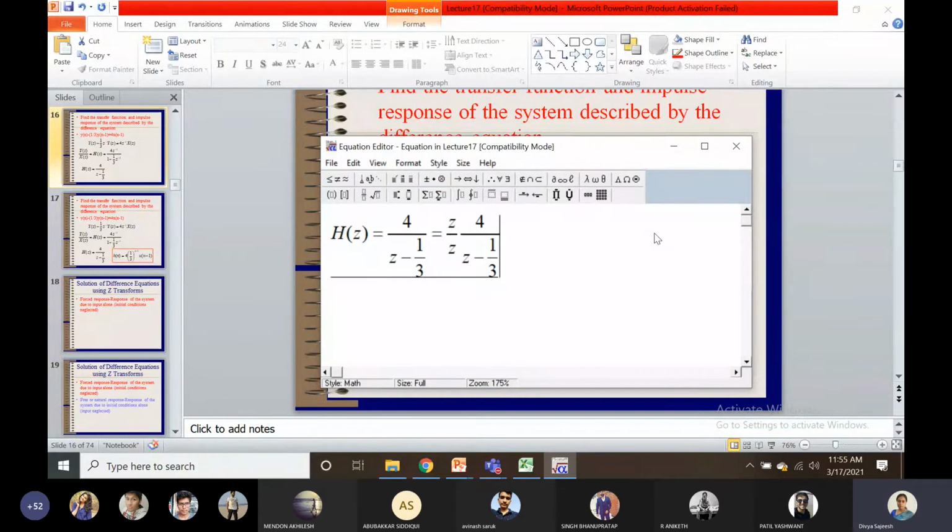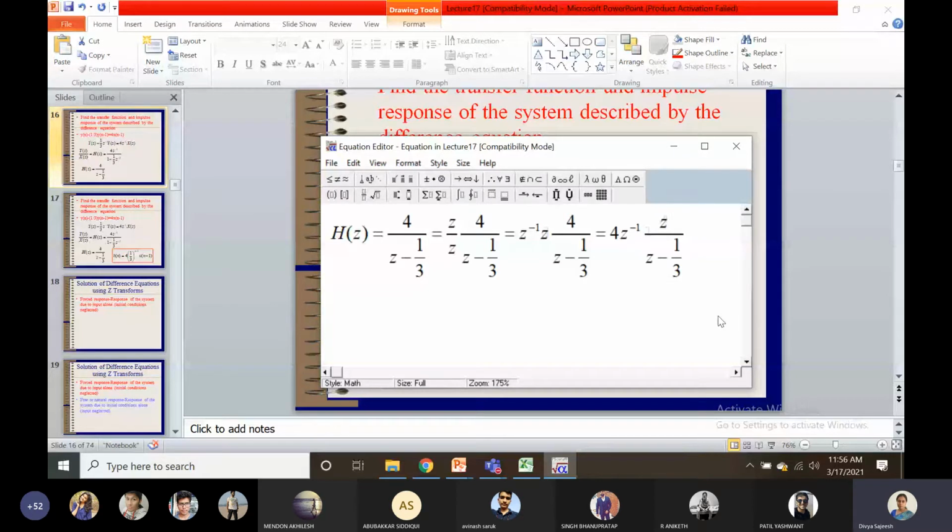So this will be equal to z inverse into z into the same thing, 4 upon z minus 1 by 3. This again I can write as 4 z inverse into z upon z minus 1 by 3.